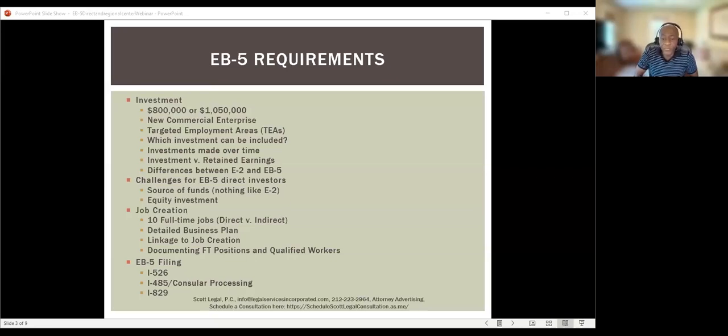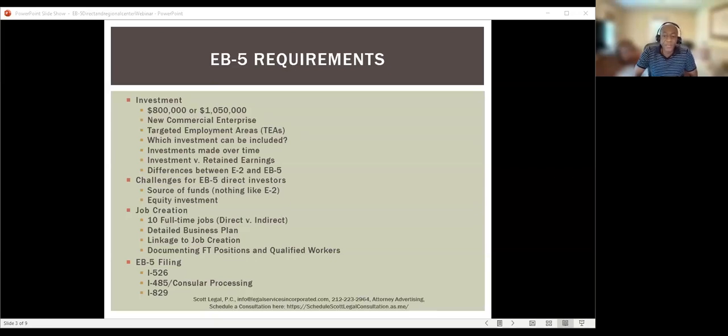The other thing to keep in mind with respect to investment is that the money has to be invested in the entity. So when we look at E2, for example, what would qualify for E2 is an example where someone purchases a restaurant for $500,000 and they give the money to the seller. That would be a completely fine E2 transaction, provided the restaurant had some employees, but that would not qualify for EB-5.